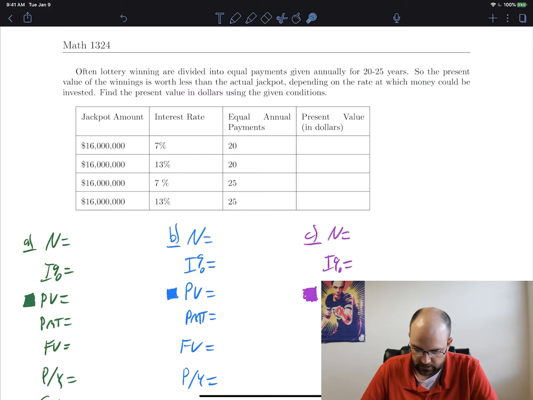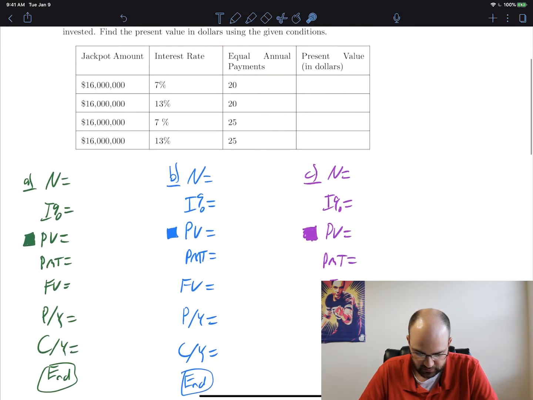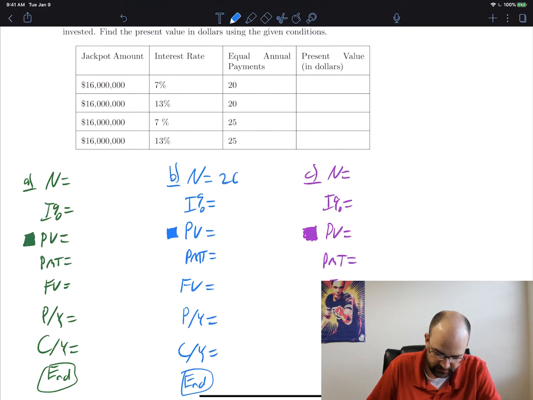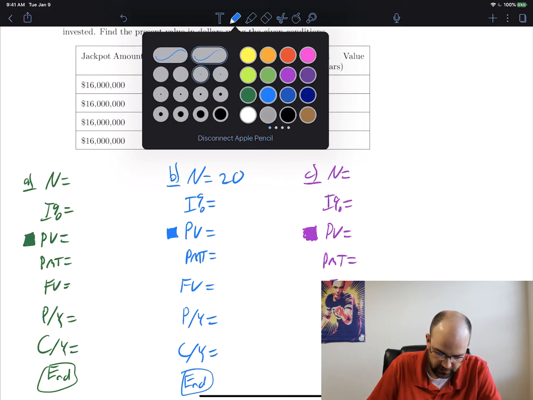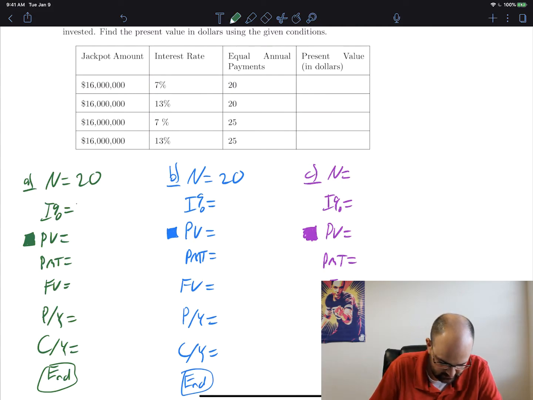Okay, so for these, N is going to be different for a couple of these. For the first two, the annual payments are 20. Because these are annual payments, capital N is going to be 20 for each of those. I'm just going to work the first one now. So 20 annual payments at 7%.